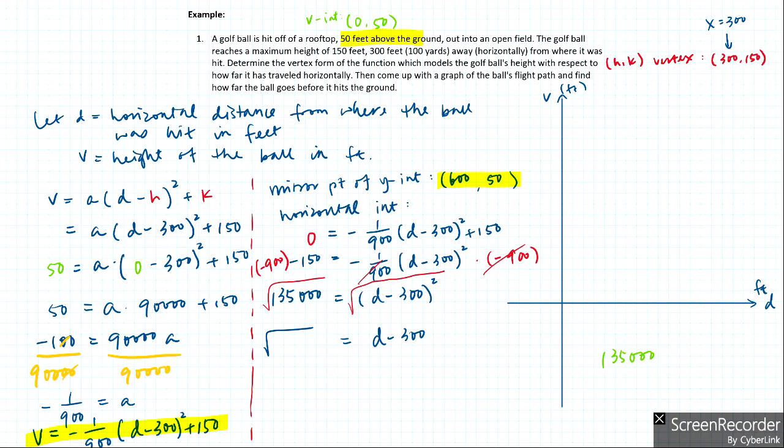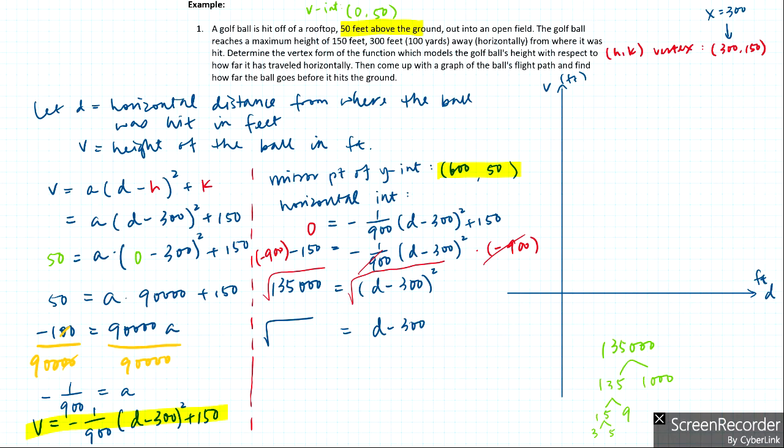And we know this is equal to 135 times 1,000. And 135 itself is equal to 15 times 9. And 15 becomes a number that doesn't have perfect square factors, but we can factor it further to be 3 times 5. And 9 can be factored to be 3 and 3.